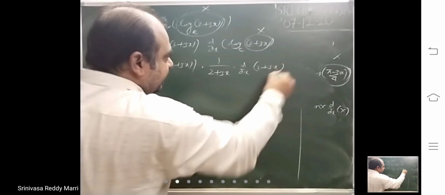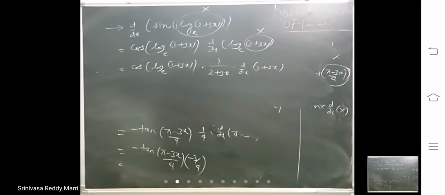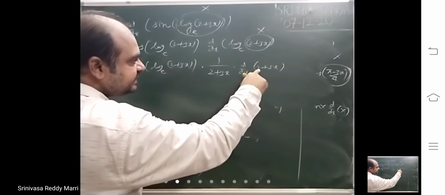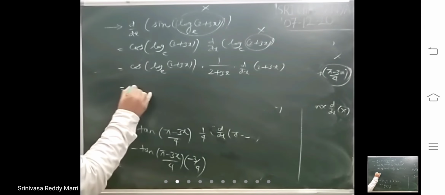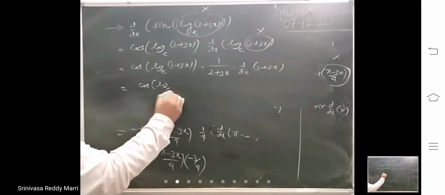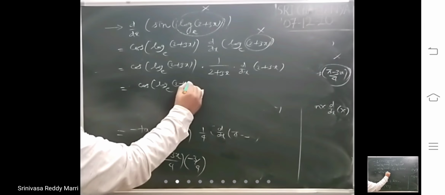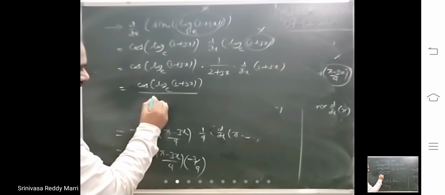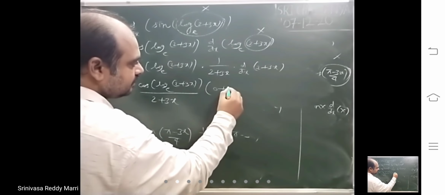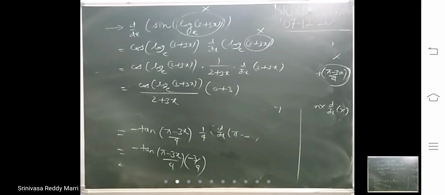Again the derivative of capital X. Whenever capital X has been taken, you have to do the derivative. Now this is over. Derivative of 2 is 0 plus 3 into 1. That means that is the final answer.